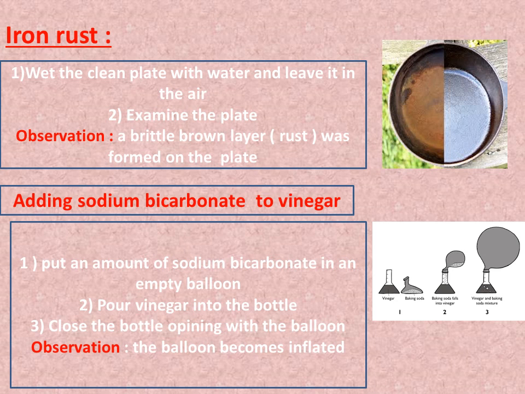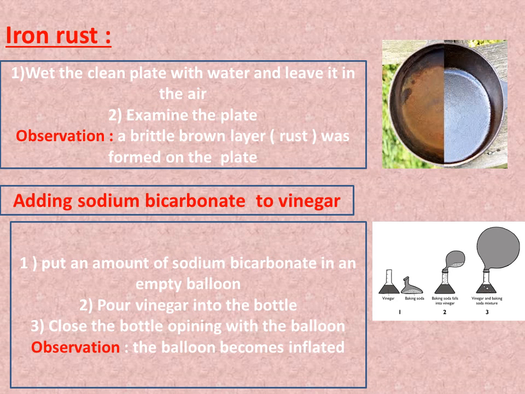Then we examine the plate. We observe that a brittle brown layer called rust was formed on the plate. So what's this layer? This layer is iron rust. So we have a new substance produced or formed. So iron rust is a chemical change because we have a new substance formed.